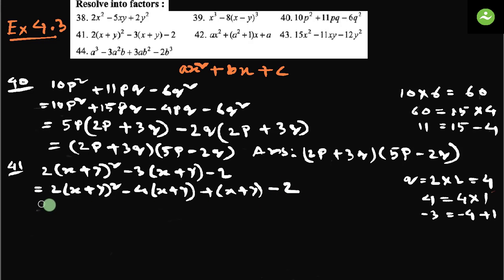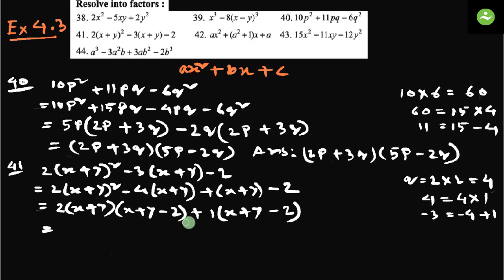Now if we take common from these two, what can we take common? 2 into (x plus y), and here there is another (x plus y), so we can write (x plus y), and there is only a minus 2 here, so minus 2, plus take 1 common, so (x plus y minus 2).